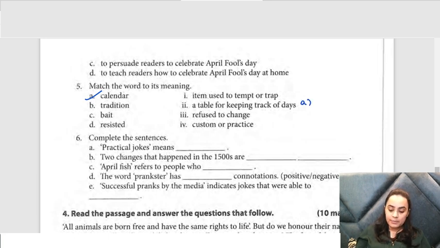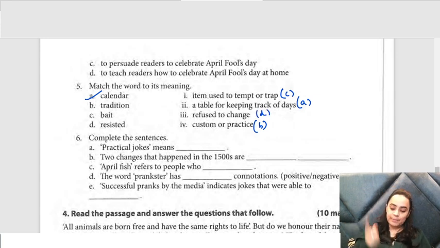It is a table for keeping track of the days. Tradition, what is tradition? A custom or a practice which is followed by people. Bait, as I told you, is something which is used to tempt or trap an animal or people. And resist is to refuse to accept something.